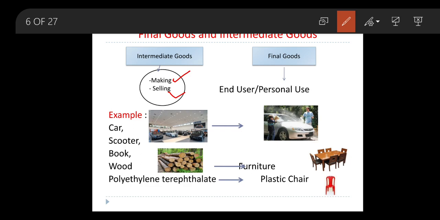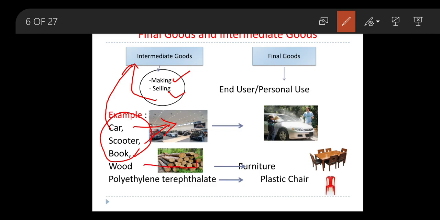If a good is purchased by one firm from another for selling or reselling to earn profit, then such goods are known as intermediate goods. Examples like car showroom, scooter showroom, book shop are for selling purposes, right? Therefore, these are your intermediate goods.